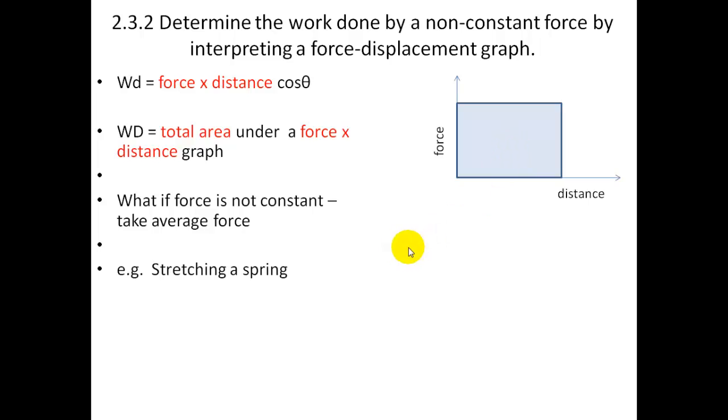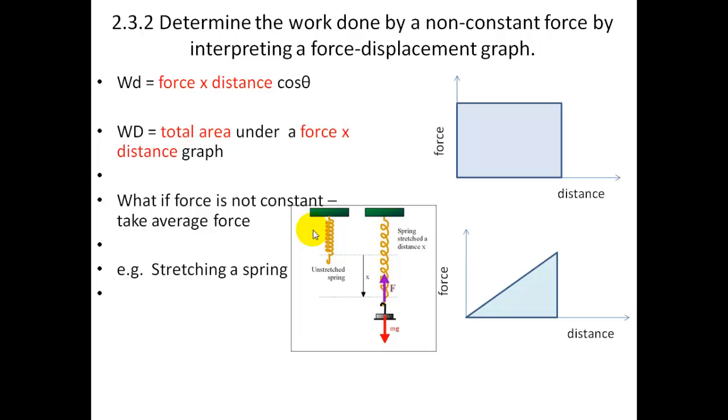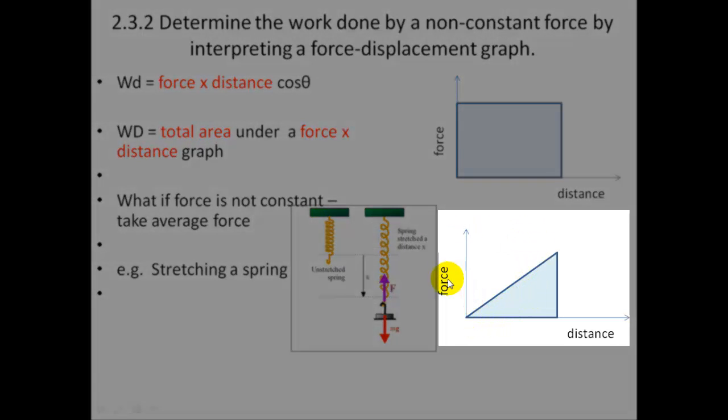We take an example, stretching a spring. You know that when you stretch a spring, to start with, the force is small. The more you stretch the spring, the more the spring pulls back, so the more force you need to apply. And this is what the graph looks like. It's force times distance, but the final force is not the force that is applied for the whole stretching of the spring. When the spring is not stretched, there is no force.